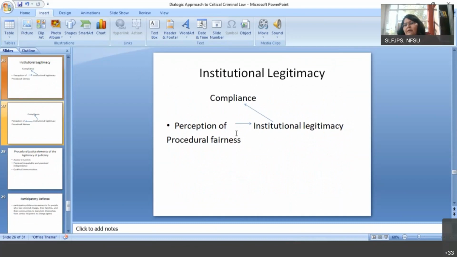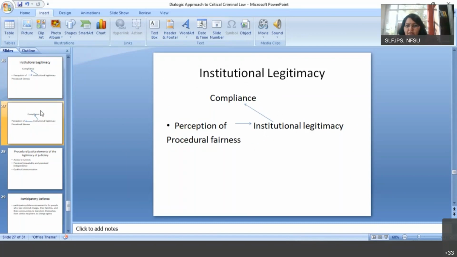So there are two kinds of framework here. The first is that there is a perception of procedural fairness in the minds of people, and this perception of procedural fairness gives institutional legitimacy, and this institutional legitimacy leads to further compliance. This is one model.